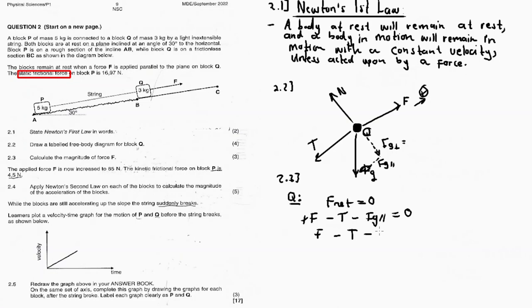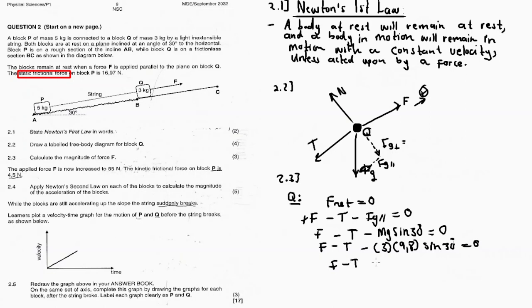So FG parallel is mg sine 30 degrees, and the perpendicular one is cos 30 degrees. Then F minus T minus mass. What's the mass for Q? For Q it's 3. 3 times 9.8 times sine 30 degrees equal to 0.